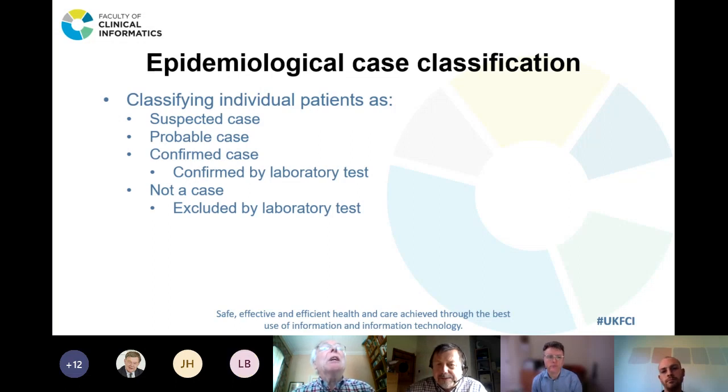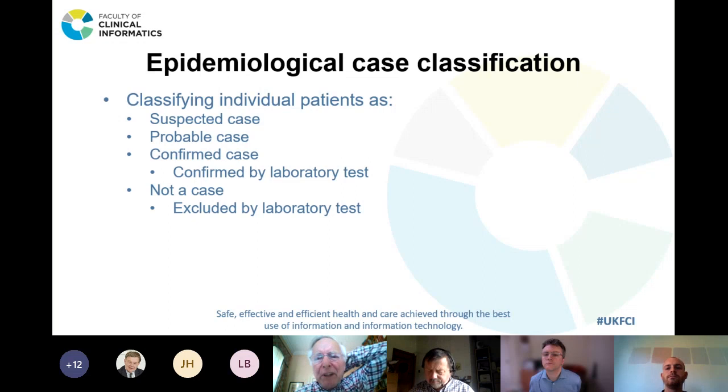A confirmed case, I think pretty much everybody agrees that to be a confirmed case, there must have been a laboratory test confirmation. And right now, there's only one test available, and that's essentially the polymerase chain reaction test for RNA that looks actually for the virus. So they have to have a positive test for that to be a confirmed case. And for not a case, we've got things that say COVID-19 excluded or excluded by lab test.